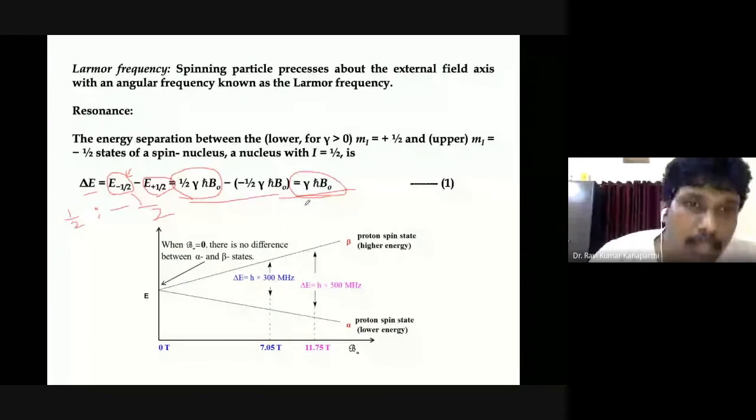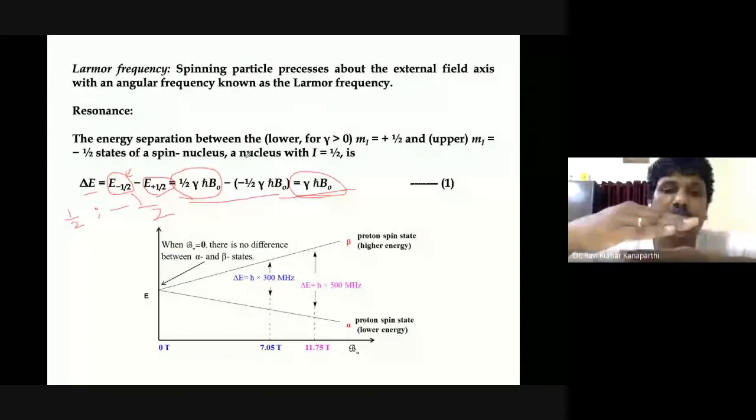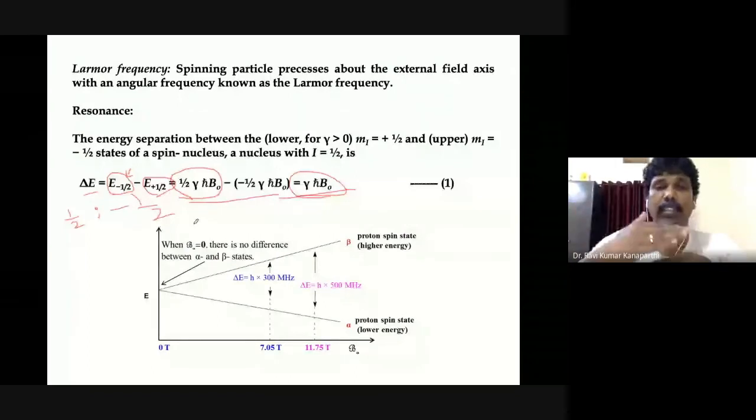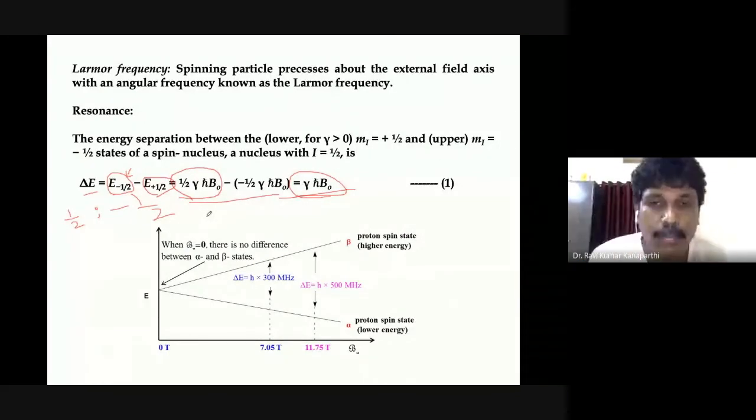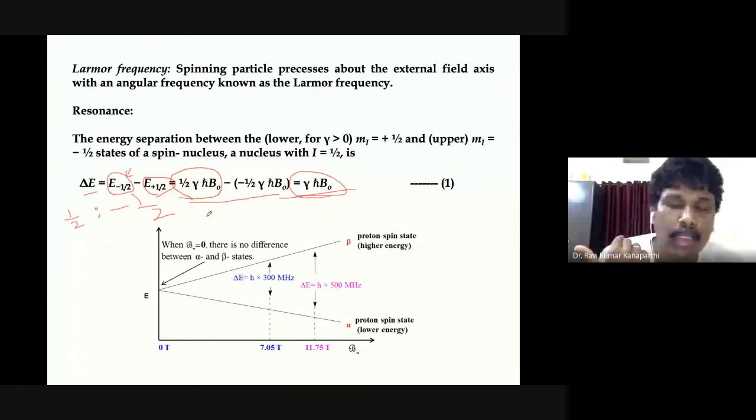Now, this energy gap is something that we have estimated here. When you place the nuclei in the external magnetic field, there is a splitting, and the splitting is gamma h cross B0. Now, we know that we have different electromagnetic radiations, the electromagnetic spectrum, starting from the radio waves, then the microwaves, infrared, and then visible, ultraviolet, X-rays, and gamma rays.